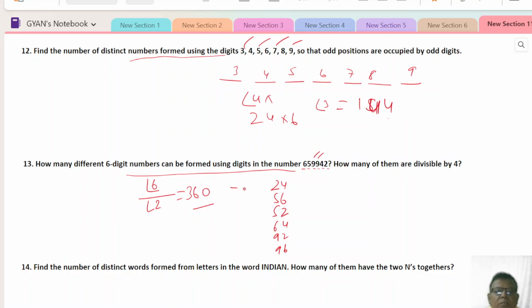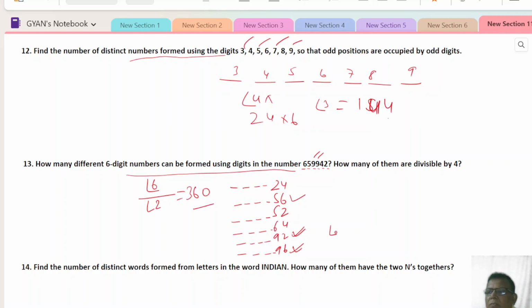And the remaining digits are 1, 2, 3, 4. So 6 are consumed here, 9 is consumed here, and 9 is consumed. So here there will be only one 9.